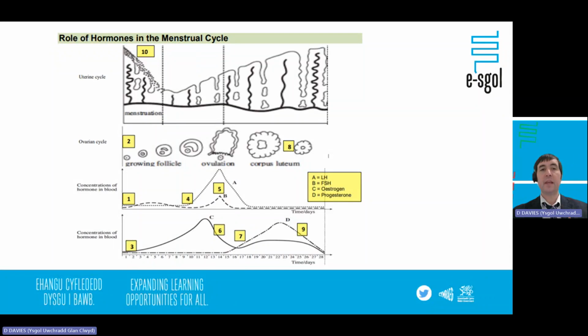How to do this is to be able to recall that from memory and label it with all of these numbers. That's just the way to do it. You can chunk it down into this hormone graph, this ovarian cycle, that uterine cycle.